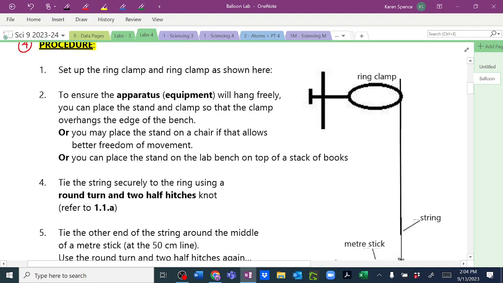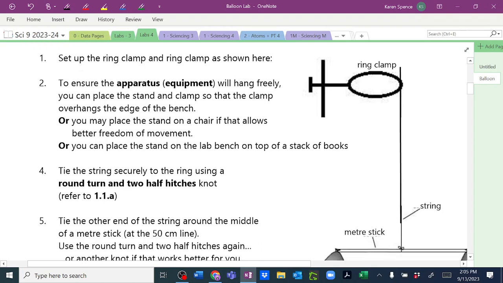You're going to see if you can see in the procedure what I did wrong. There's no 3. I forgot number 3. Whoops.